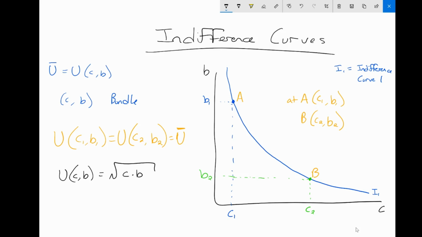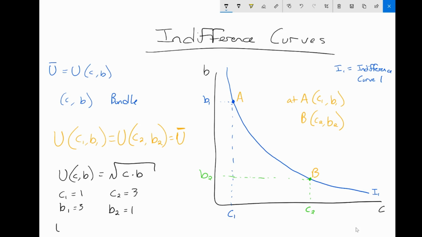Okay, and so let's say that c1 equals 1 and b1 equals 3, and let's say that c2 equals 3 and b2 equals 1.